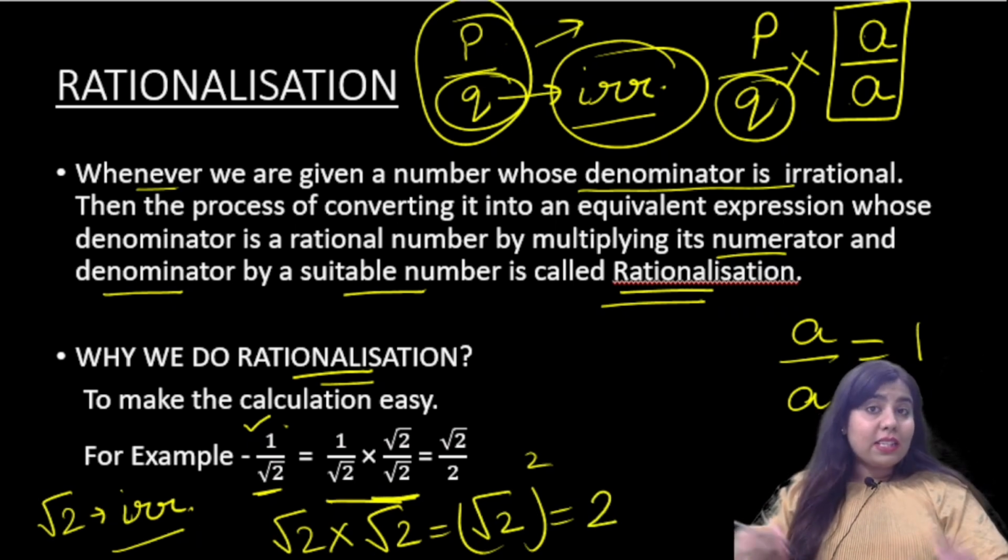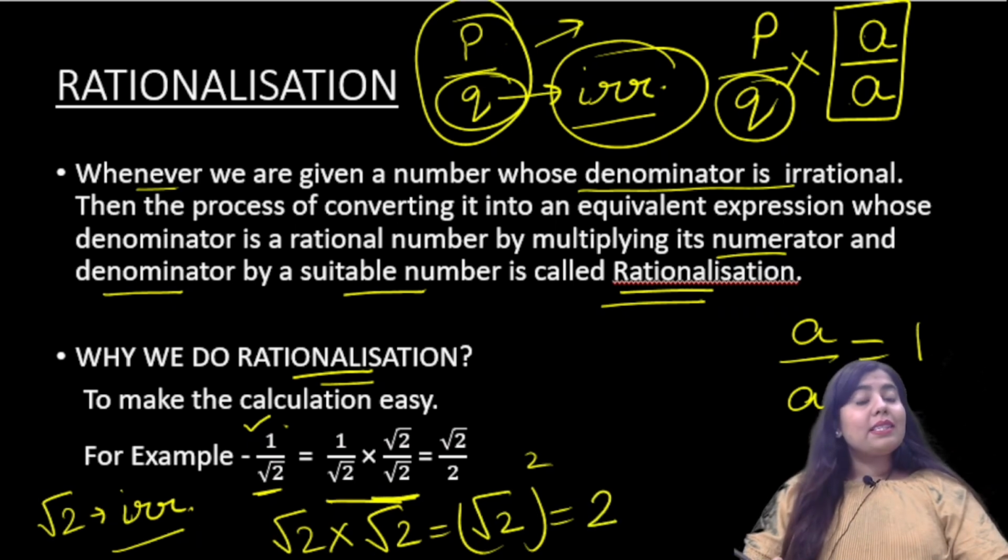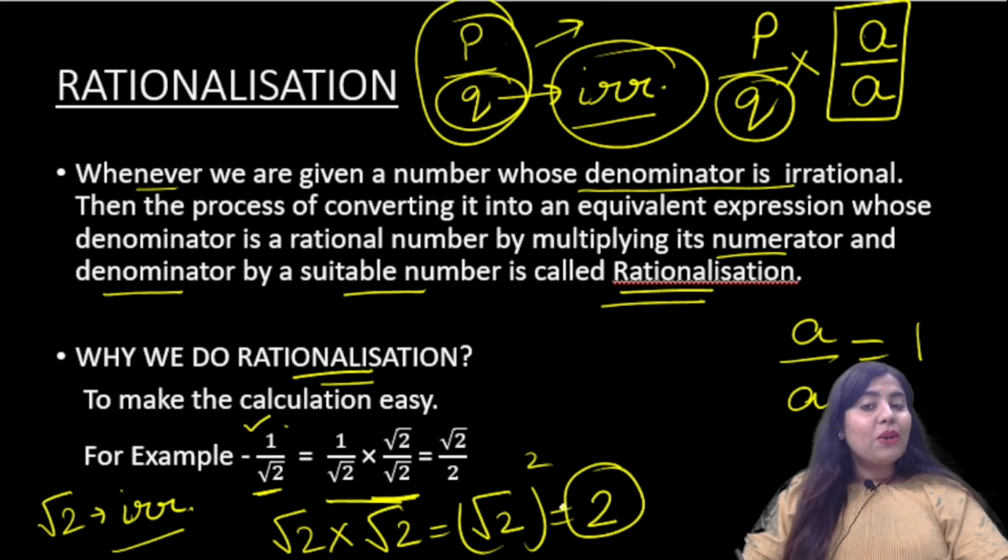The square of any square root number is a simple whole number, right? So it is a rational number also. Hence we now got a rational number in the denominator.